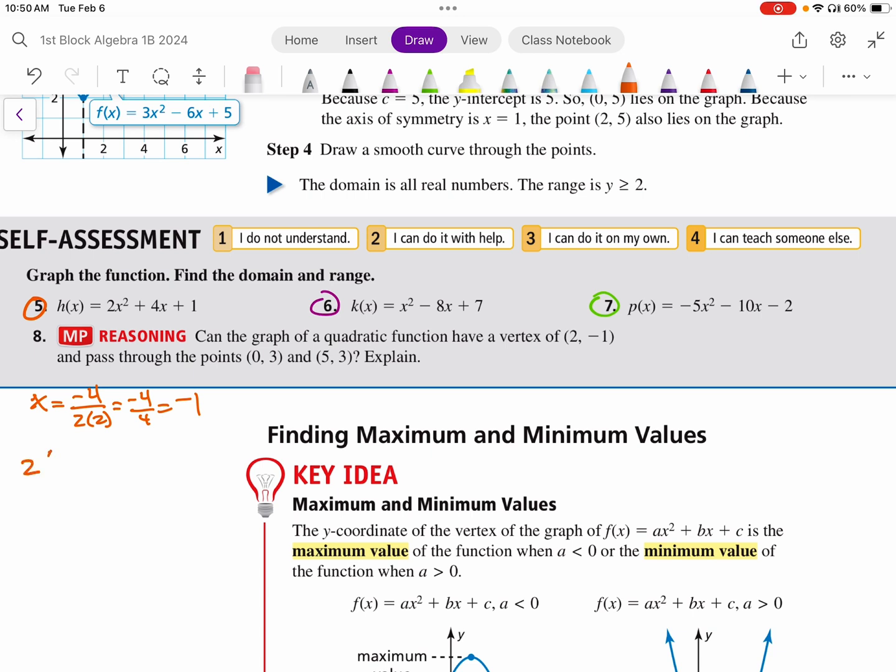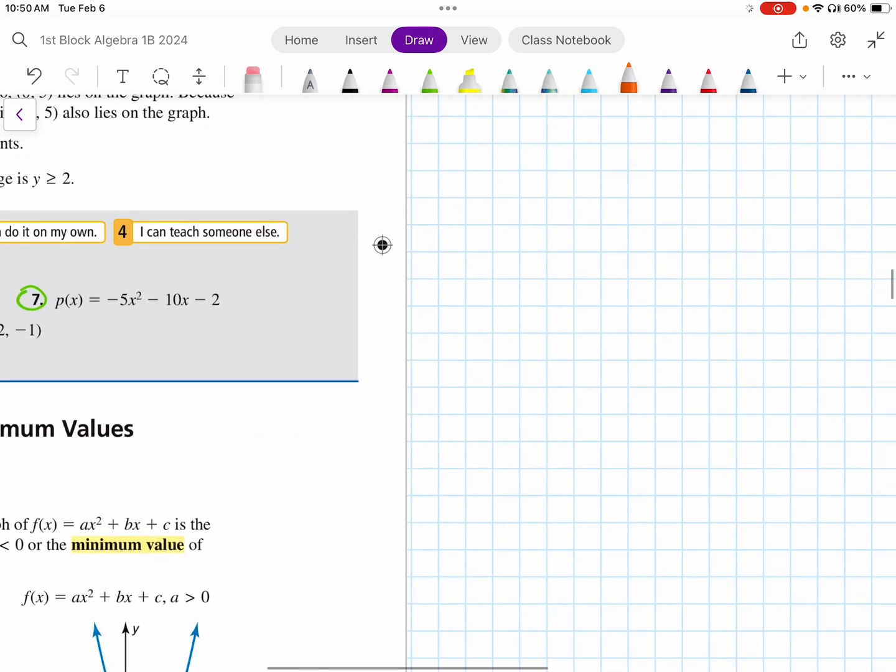All right, let's try again. 2 times negative 1 squared plus 4 times negative 1 plus 1. 2 times 1 is 2. 4 times negative 1 is negative 4 plus 1. That's negative 2 plus 1. So y equals negative 1. That means our vertex is negative 1, negative 1. When I come over to graph it, I'll graph it in orange.